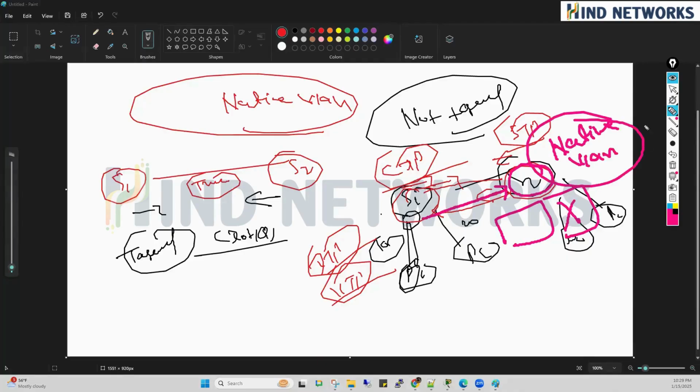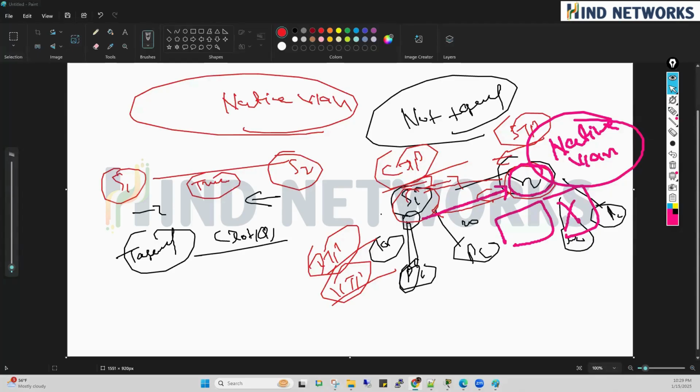Native VLAN. So please remember, if in your network any packet is not tagged over the trunk link, it means that packet belongs to which VLAN? The native VLAN. Clear, guys? So what is the use of the native VLAN? The native VLAN basically carries the untagged traffic, without a VLAN tag.